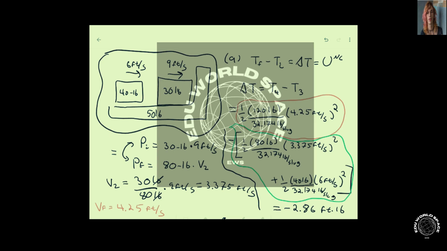Oh, and I should have changed this up here. Just to wrap this up, this should be AB. That's solving part B. So we solved part A previously, that we lose 23.6 foot-pounds when throwing the 30-pound suitcase on the baggage carrier. Then if we immediately throw the 40-pound suitcase on the baggage carrier, we end up losing an additional 2.86 foot-pounds.